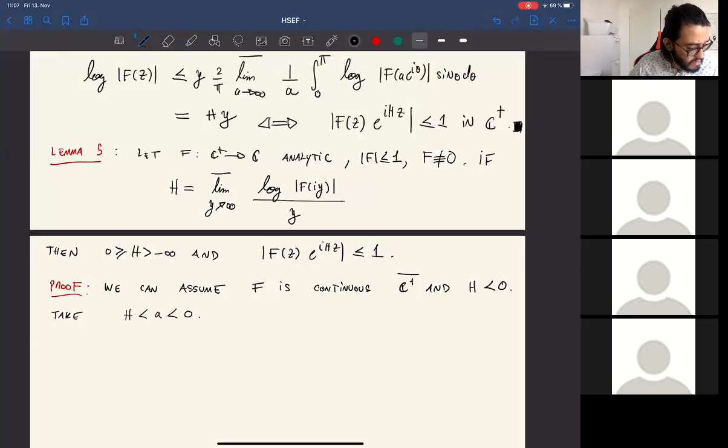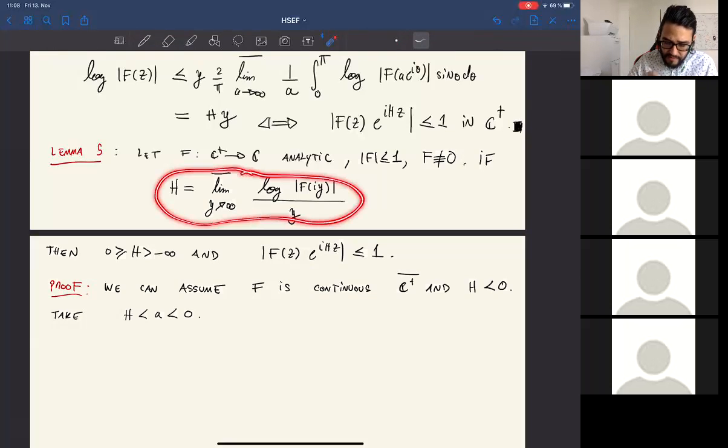Okay, so if I take this guy, what will we conclude? Well, by the definition, we know that if I take the log and divide by y and take the limit in the imaginary axis, then we have this thing here.